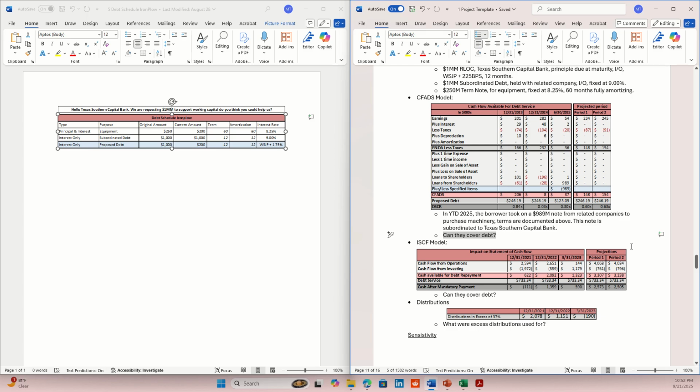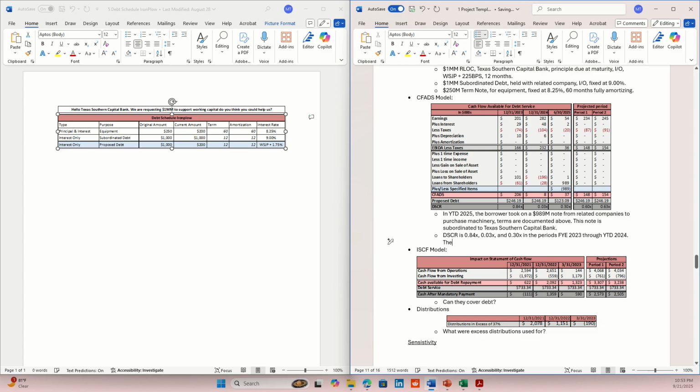What you're going to write right here is: DSCR is 0.84x, 0.003x, 0.30x, and 0.30x in the period fiscal year 2023 through year to date 2024.